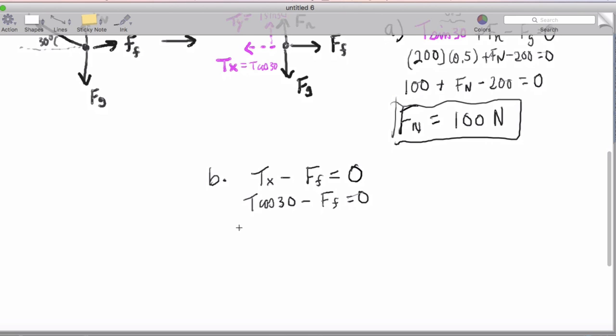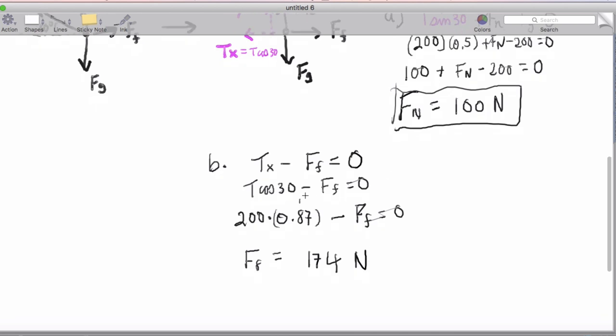So that's going to be 200 times 0.87 when I take the cosine of 30 and round it, minus the force of friction equals 0. So our friction force is going to end up being about 174 newtons. Okay. You might get 173 if you round. I'm just calculating it out here, like there's the friction force with rounding.